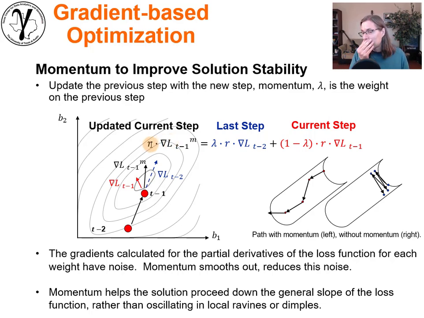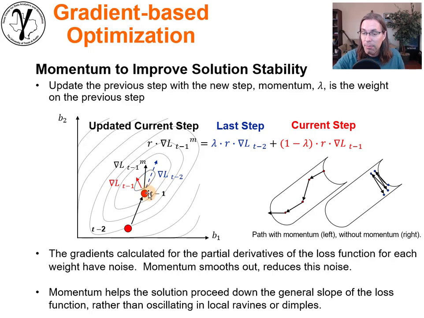The step that we're going to take is going to be a function of the learning rate times the gradient. To go from t minus 1 to t, we're going to use a weight put on the previous step. Now this is a vector, it's got direction and distance. We're going to put 1 minus that weight on the current step based on the instantaneous gradient at that location.